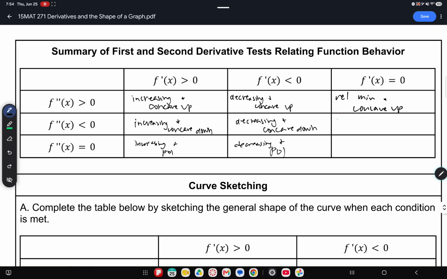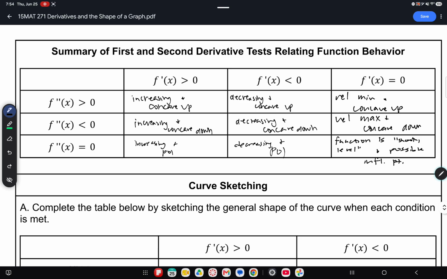If the second derivative is negative, we have a relative maximum and we're concave down. But if the second derivative is 0, then the function is smooth or level, and there's a possible inflection point.